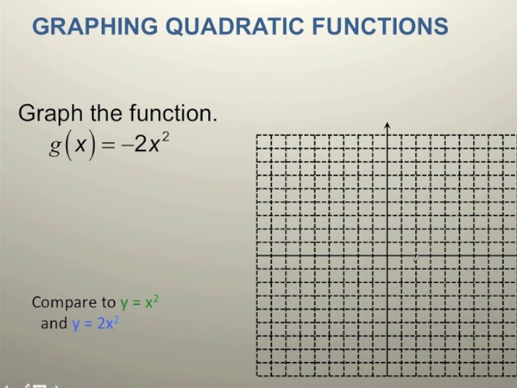What I do whenever I'm getting ready to graph is to number my graph. My basic one, I've got negative 2, so that means it's going to open down, and the 2 means it's skinnier than my basic x squared. So 0, 0 is still a point.